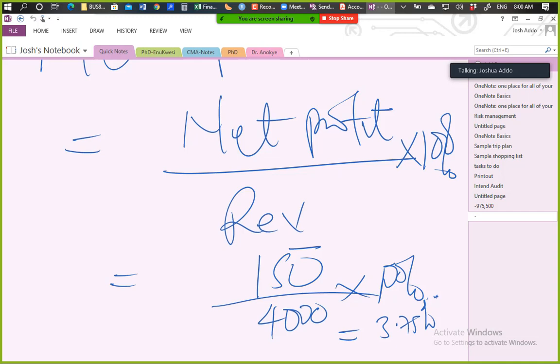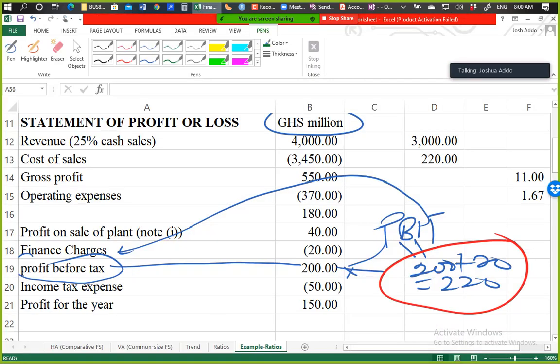Let's look at gross profit margin. That one, someone should help us to calculate. This is the income statement. Gross profit margin. Please, gross profit is not showing on our screen. Who is helping us?